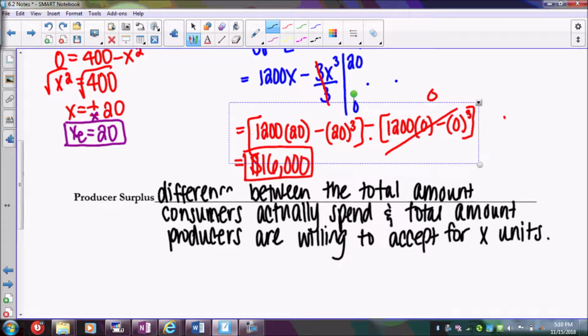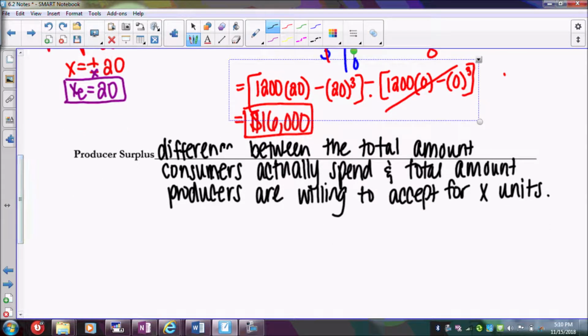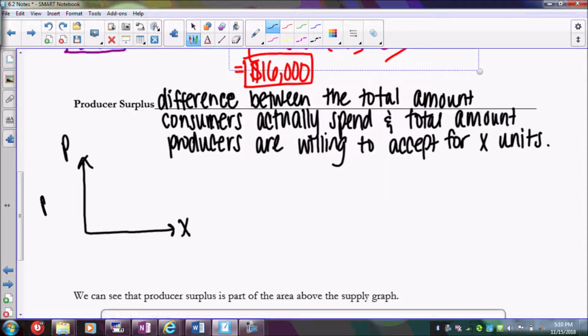So if we get a visual for this one, let's go ahead and sketch our axes here. So this will be price, this will be the number of units, X, and this is going to be based on the supply. If we sketch the supply function here, that's increasing.